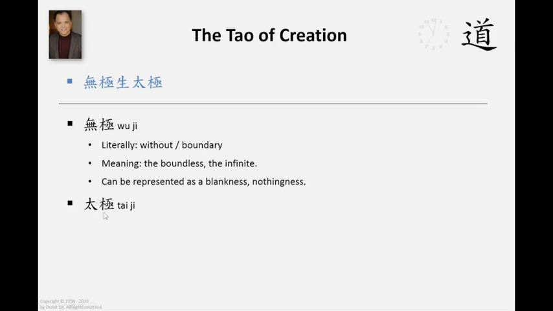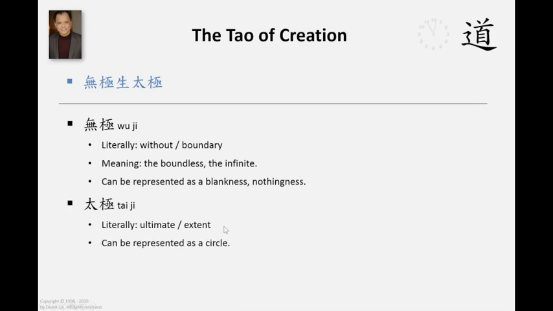Well, we figured out that ji, the second character, means boundary or extent. What about tai? That character means ultimate. So taiji together means the ultimate extent, pushing the edge of the envelope, right at the boundary.